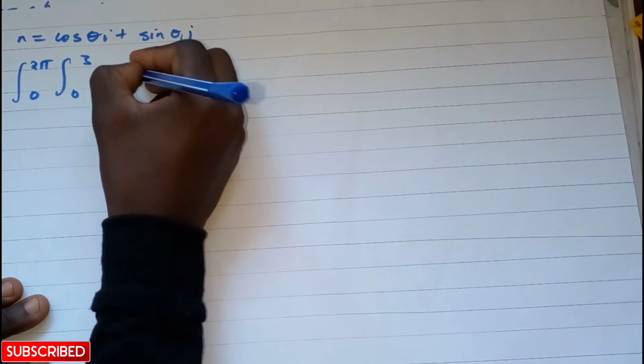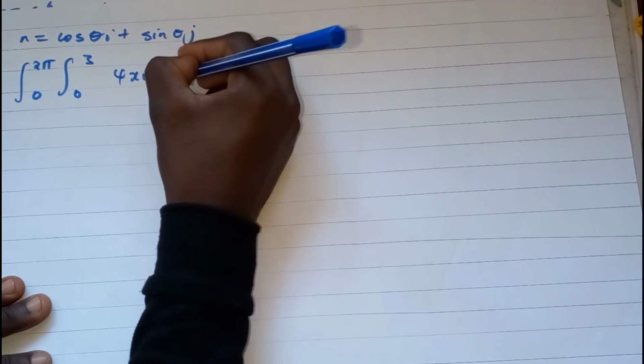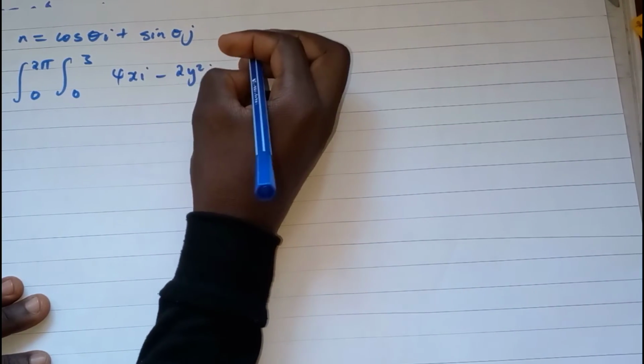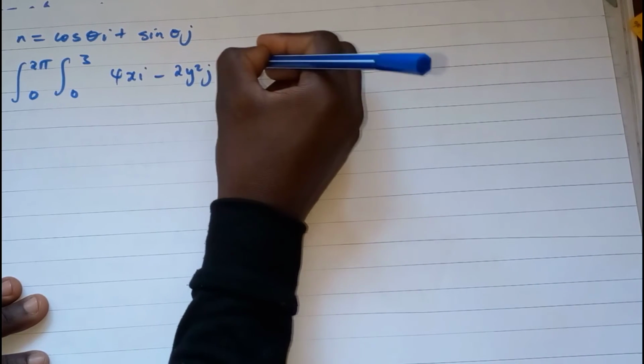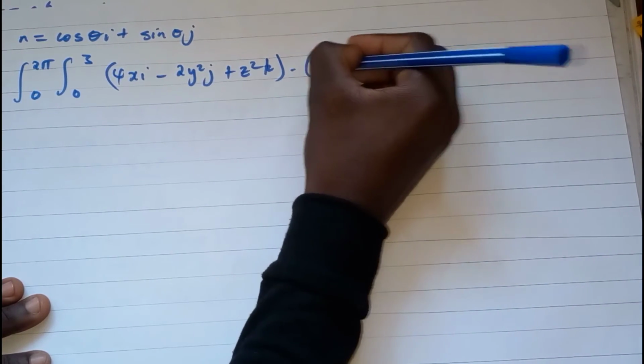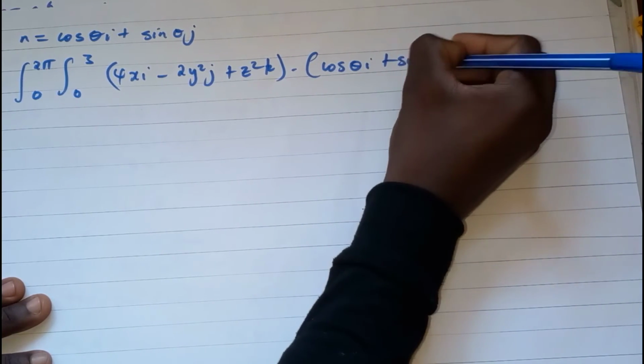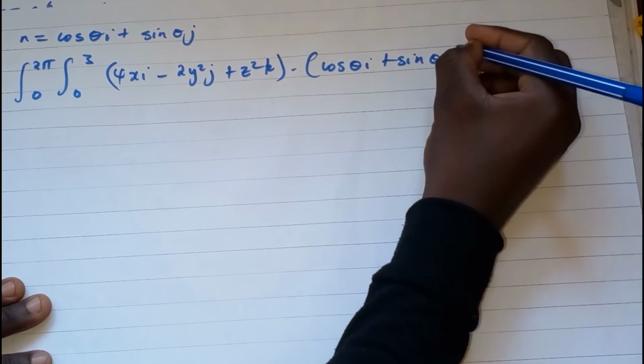Here I'm going to say times the vector field, which is 4x i minus 2y squared j plus z squared k, dotted with the normal, cos theta i plus sine theta j.